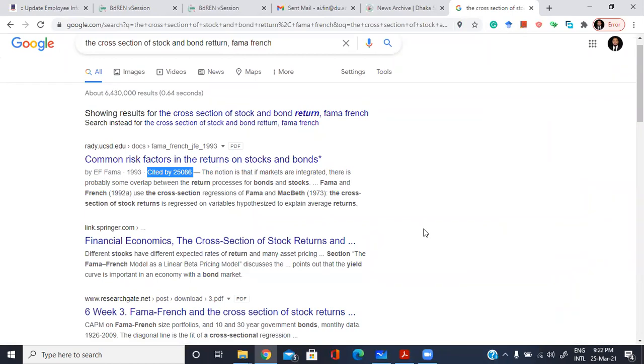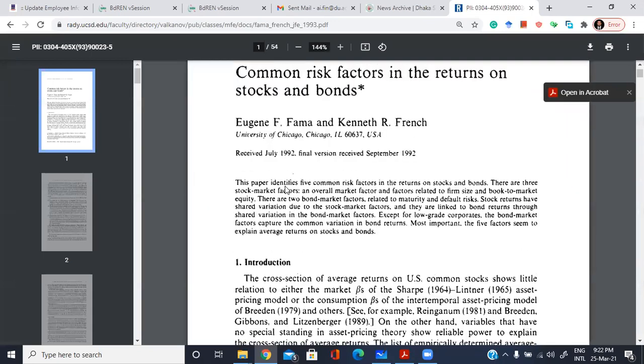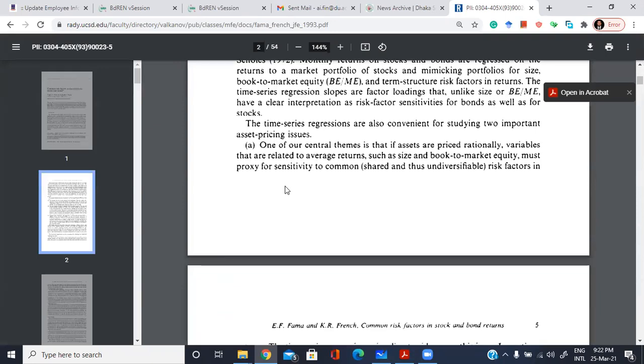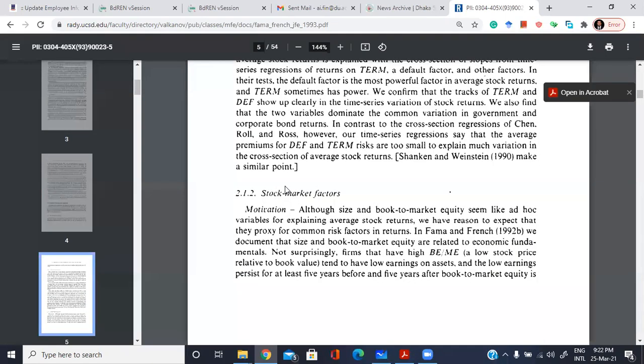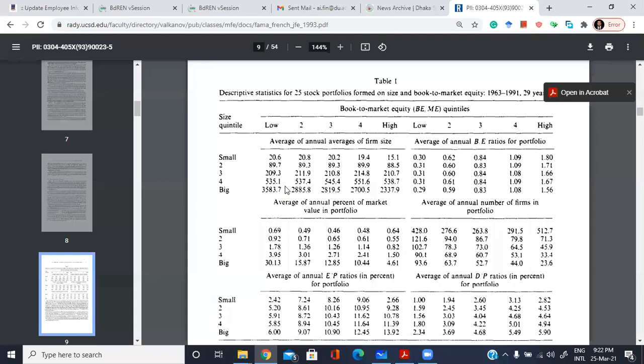You see the number highlighted? 2,50,086. Is it huge? Huge. This paper is one of the few papers all finance people should read. So they have found that, okay, let me show you the result. In that case, it will be clear to you.